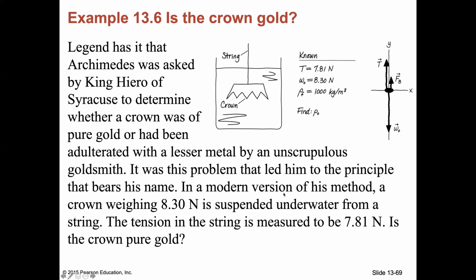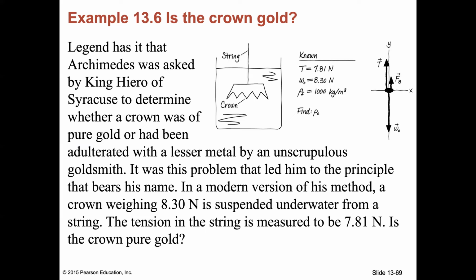Now here is a modern version of his method. A crown with 8.3 Newton is suspended underwater from a string. The tension of the string is 7.8 Newton. Is the crown pure gold?